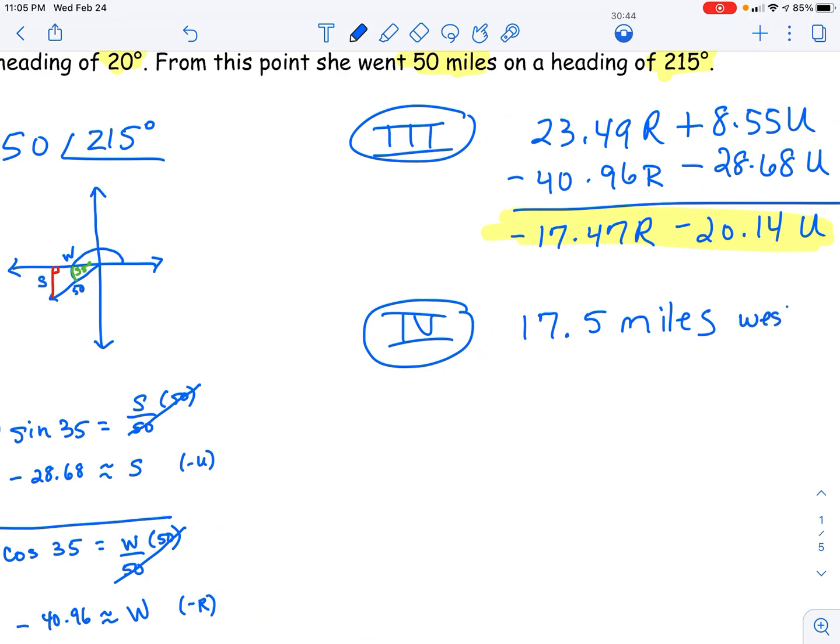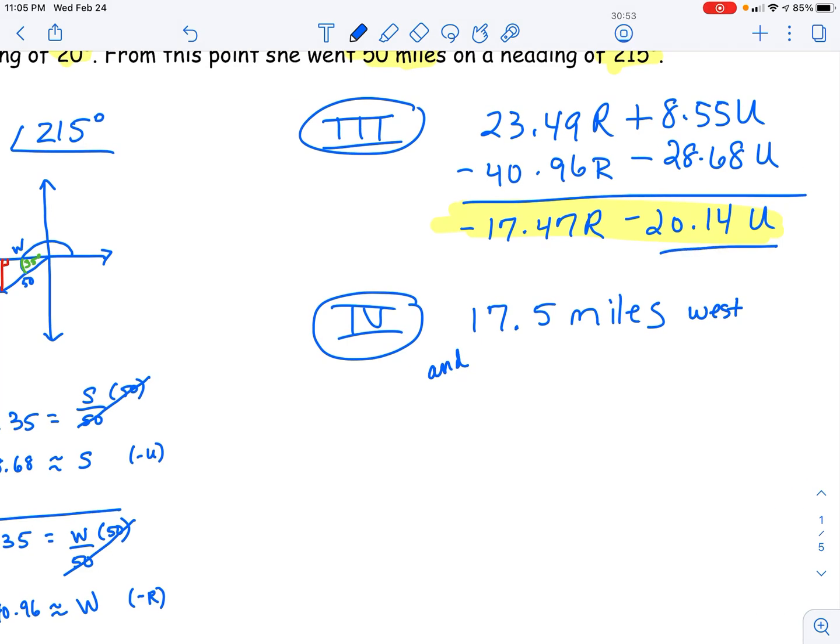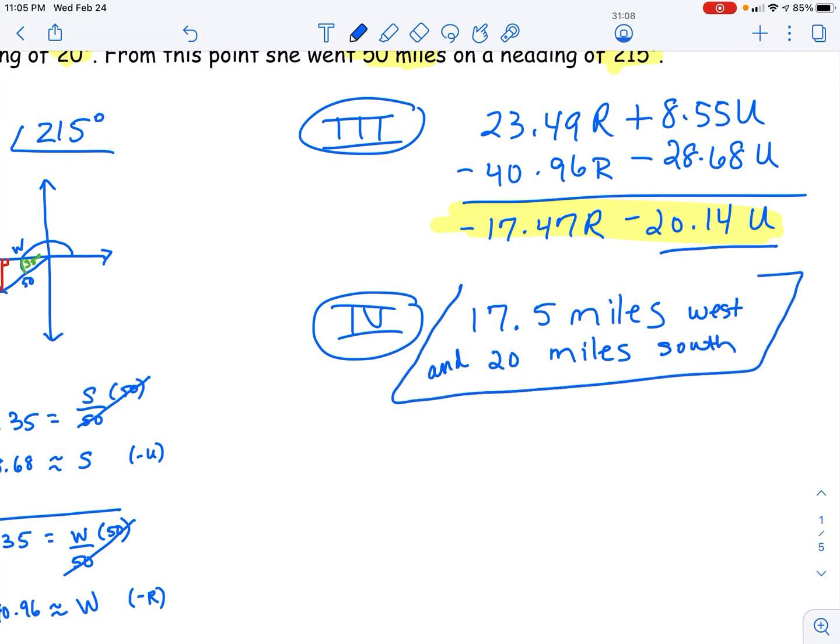So she went 17.5 miles west, and she also is heading, what does this say here? Negative up, so she's heading south. We'll round that to 20 miles. Close enough, right? Because 20.1 is about 20. And so there's how she traveled, and that would be your final answer.